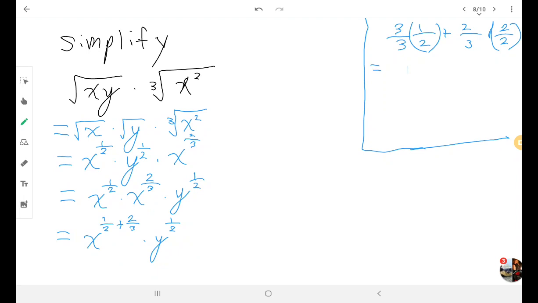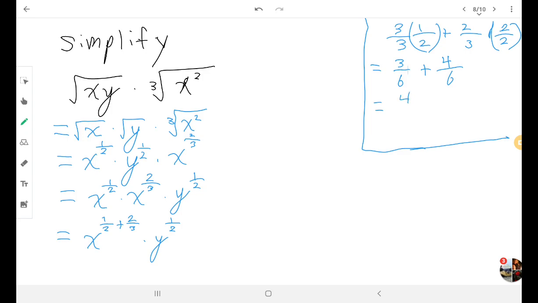So then we do top times top, bottom times bottom, so that'll be 3/6 plus, and then top times top, bottom times bottom will be 4/6. And once I've got common denominators, then I can add the tops.